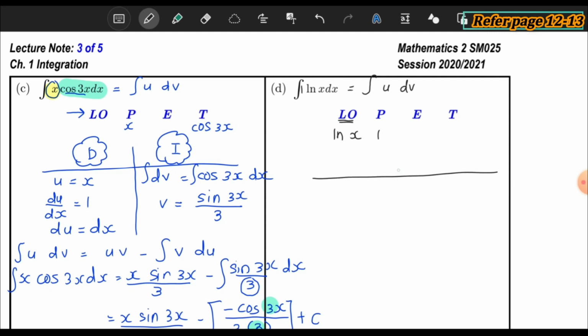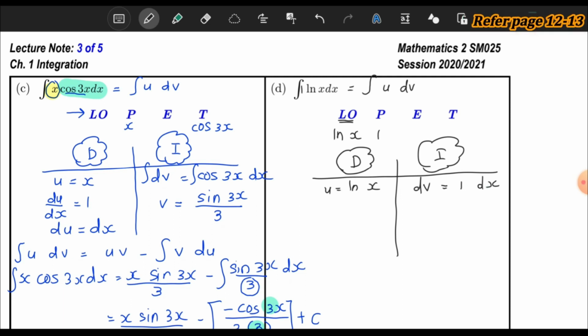So, for this case, we need to differentiate u equal to ln x and integrate dv equal to 1 dx. Ln x is u, therefore 1 dx will be dv.